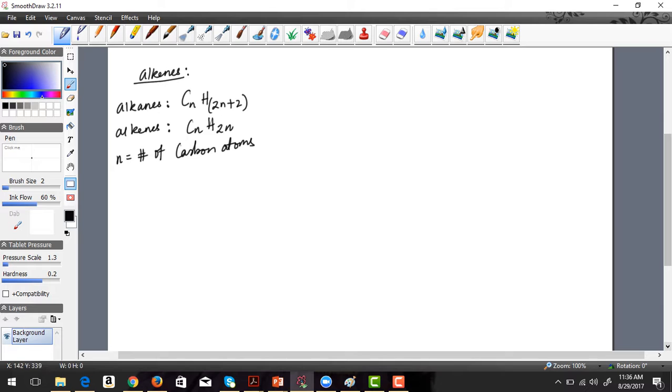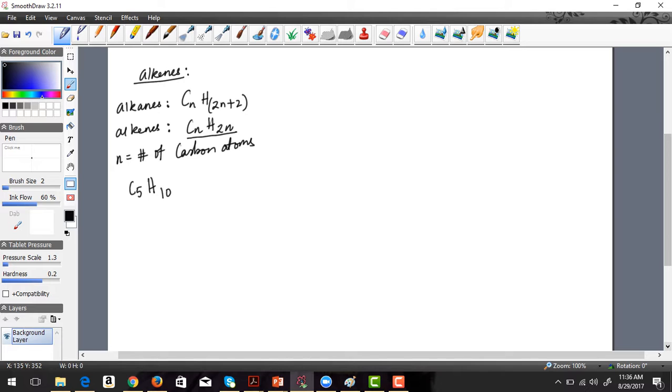So with that said, let's say we have 5 carbons in our compound and we know it's an alkene. After we finish this first set and learn how to name it, given a formula, how do we know if that compound has a single or double bond? If I have 5 carbons, going by this formula, I should have 10 hydrogens.